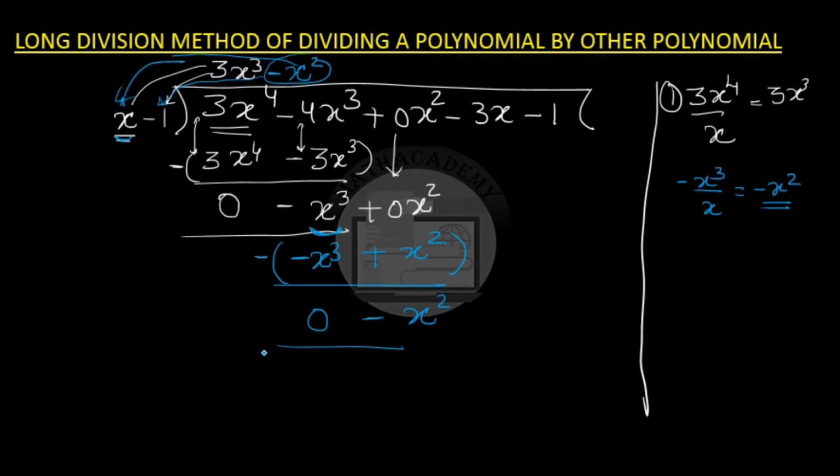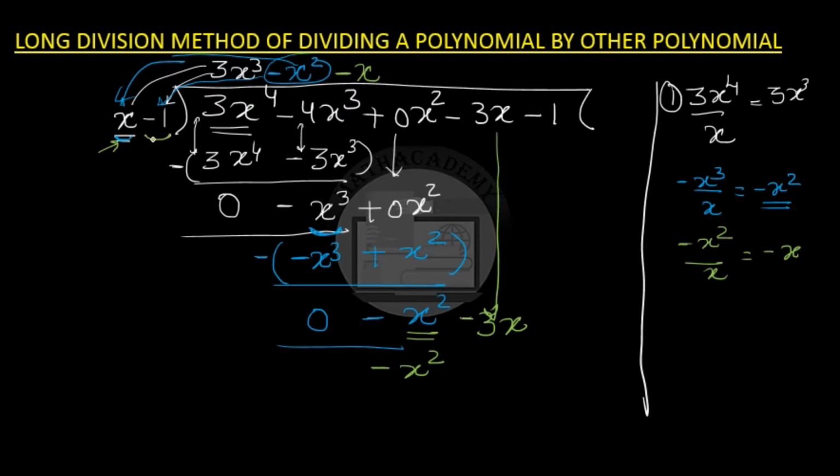Now we have to take down the next term of the dividend, which is negative 3x. The first term of the new dividend is negative x square, which has to be divided by x to give you negative x, the next term of the quotient. Now negative x will be multiplied by x to give you negative x square, and by negative 1 to give you positive x.